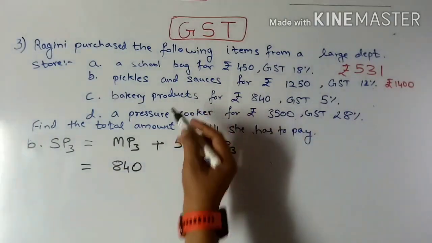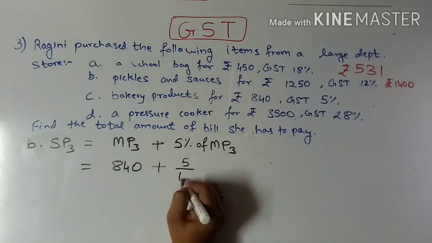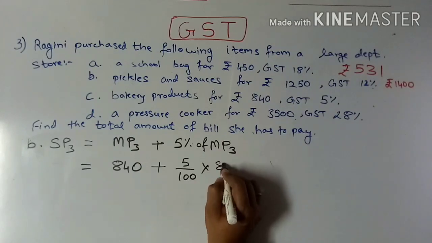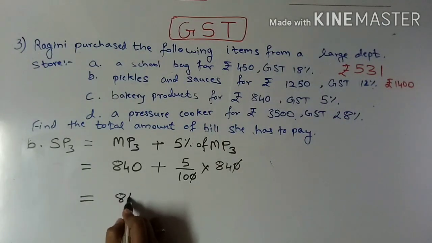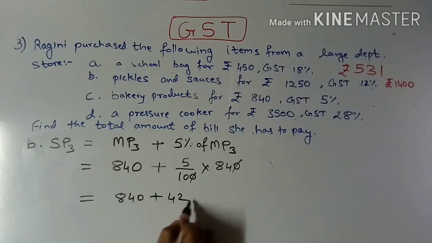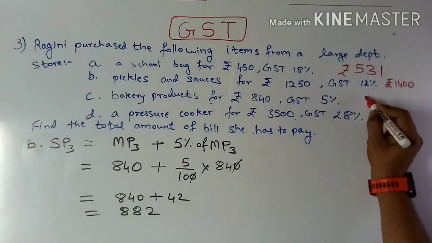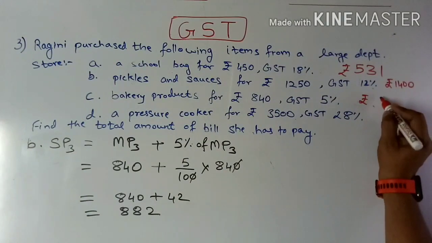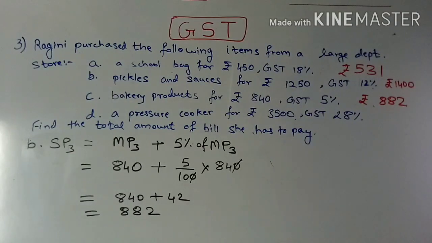This is marked price of the third product, that is 840 plus 5 upon 100 into 840. Again, on simplifying it, I get 840 plus 42, which is nothing but 882. Again, I make a note of the total selling price of bakery products, that is rupees 882.